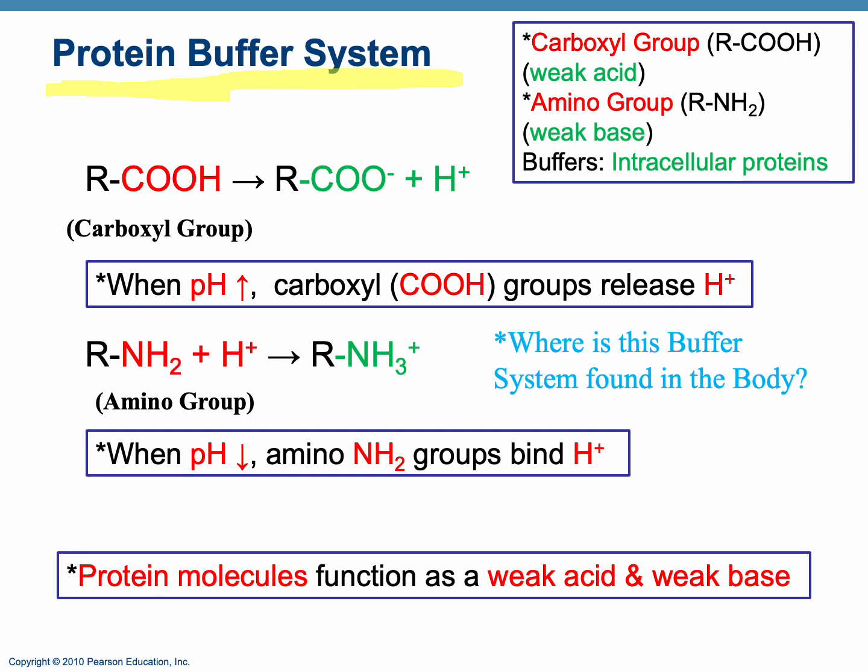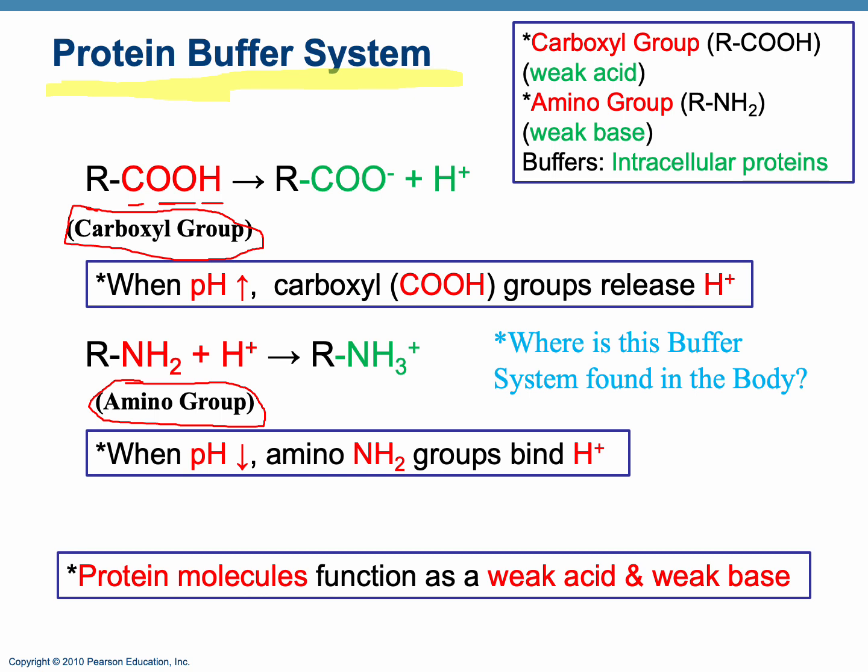And we're seeing them here. We have the carboxyl group and the amino group. So for the carboxyl group, the side chain here of the amino acid, you always have a carbon, 2 oxygen molecules, and a hydrogen.